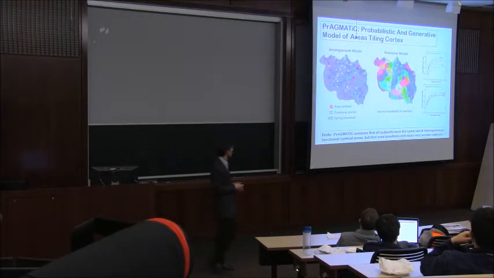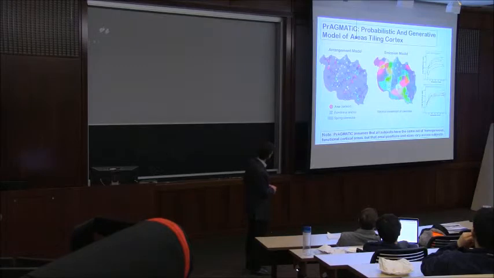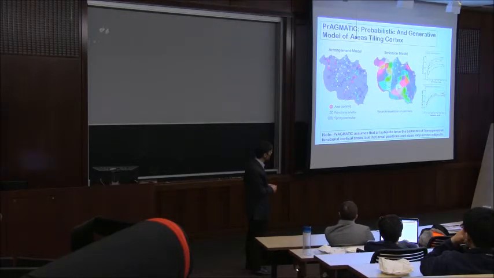This is almost done. The idea here is, imagine that the brain is like a pizza with a bunch of pepperonis on it, and the pepperonis are just areas that are homogeneously tuned for different kinds of semantic concepts.